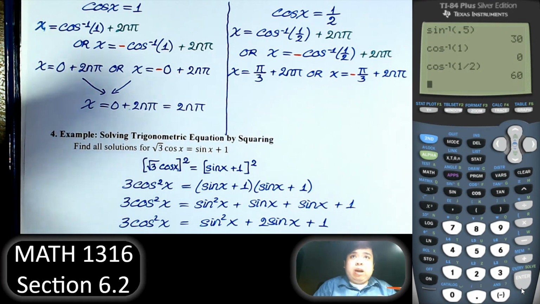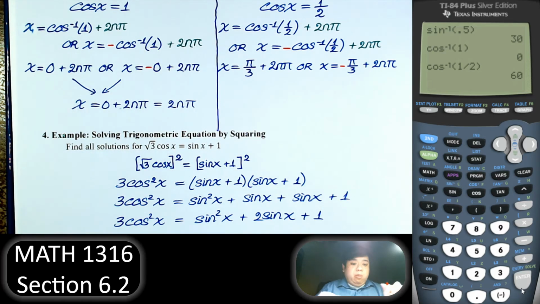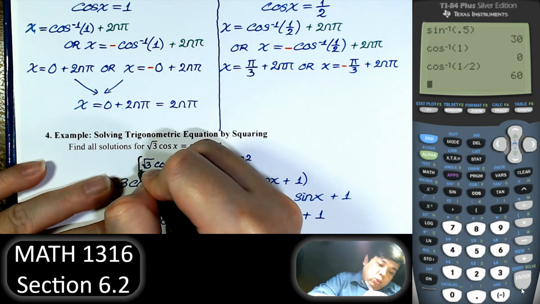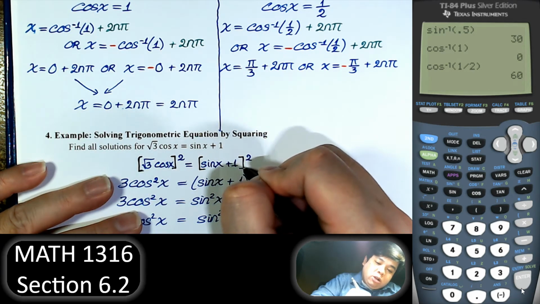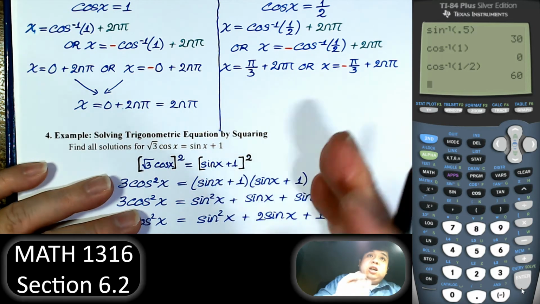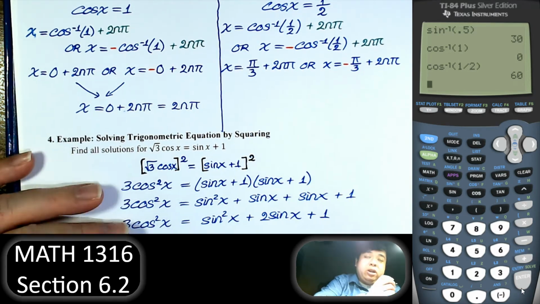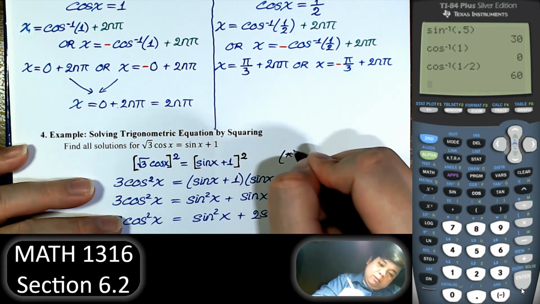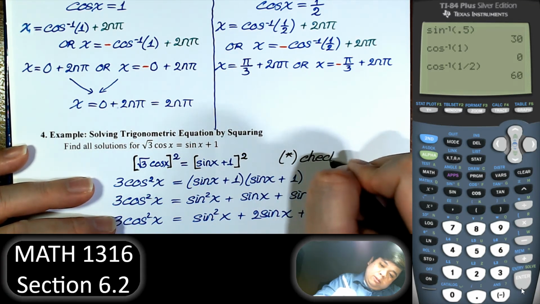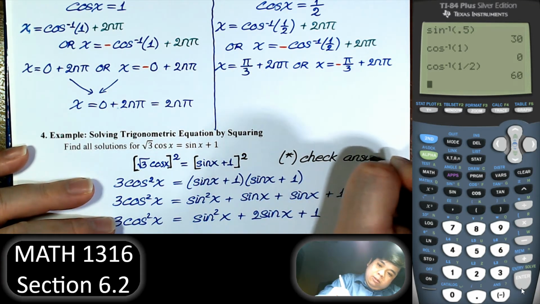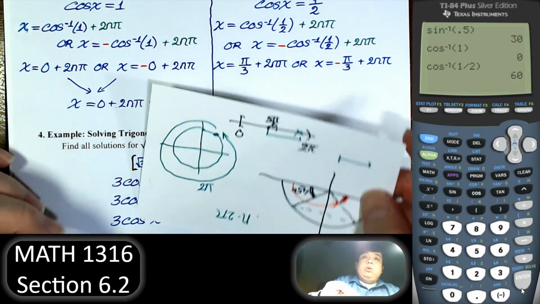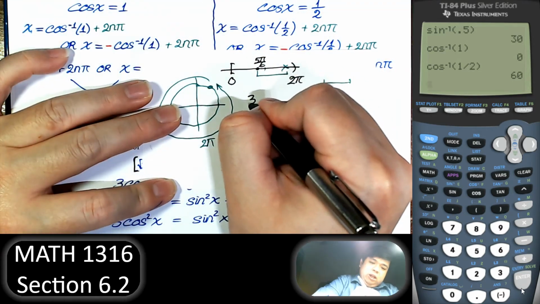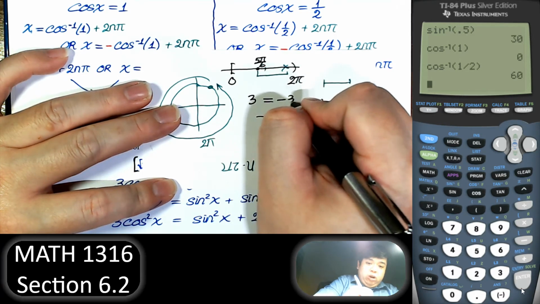Make sure of one very important thing here, because we square both sides. Every time we square both sides, we have to check with the original problem before we squared it. I'll give you an example. 3 is not equal to -3.